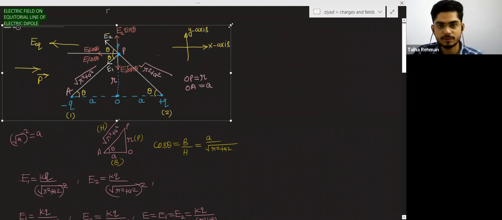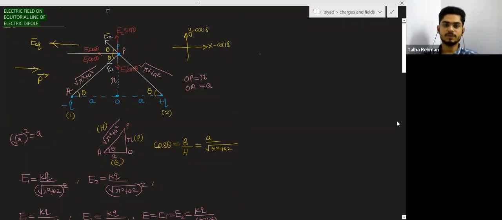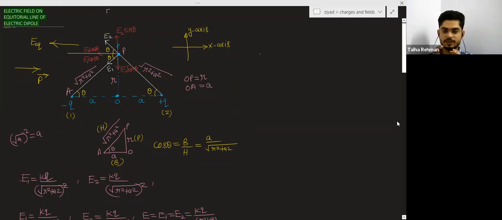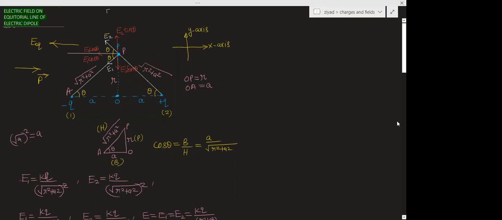Can we zoom it now? No problem. It's okay. Try to make the figure properly because there are lots of things.